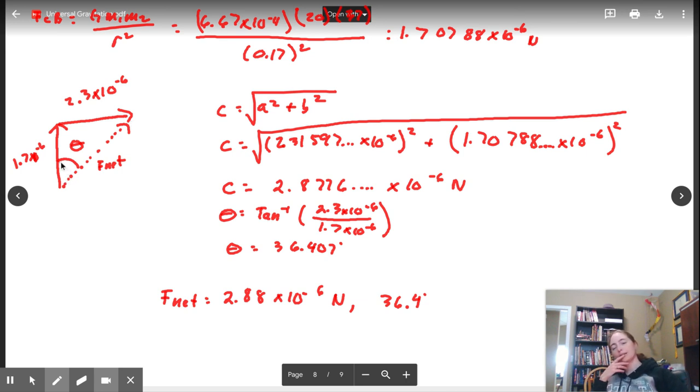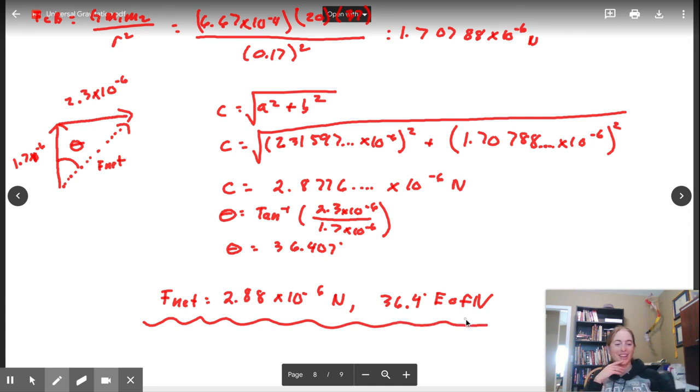So this is going to be east of north. So the theta is that this line here, our F net, is east of the north line.